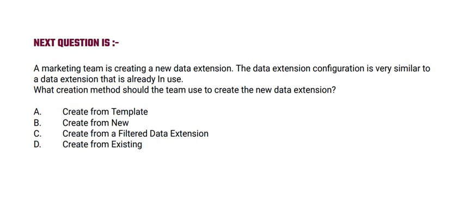Options are: option A, create from template; option B, create from new; option C, create from a filtered data extension; and option D, create from existing. The correct option is option D.